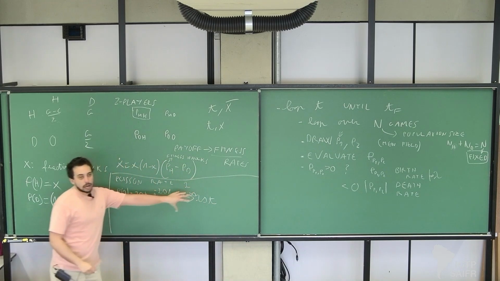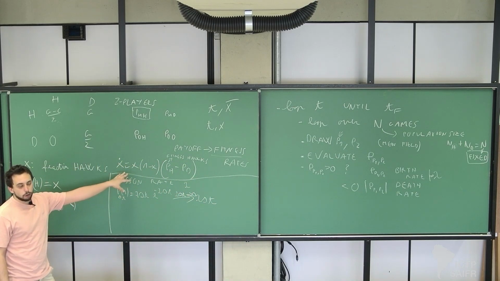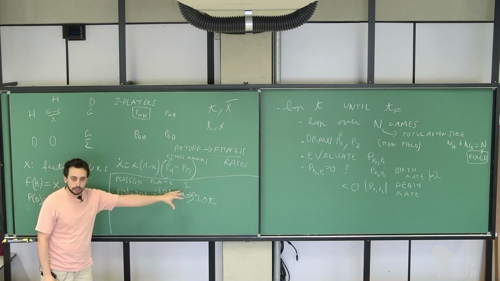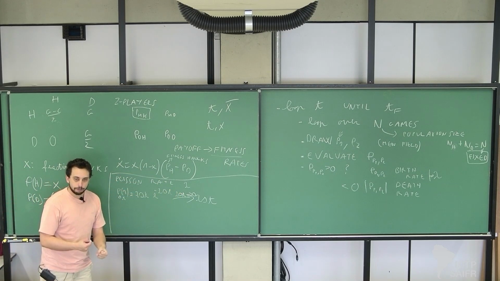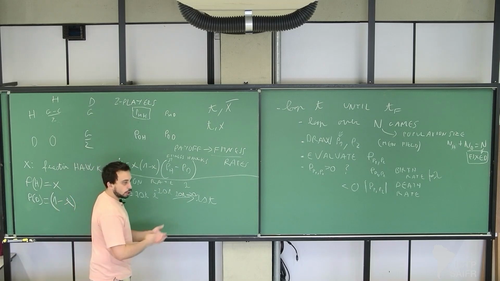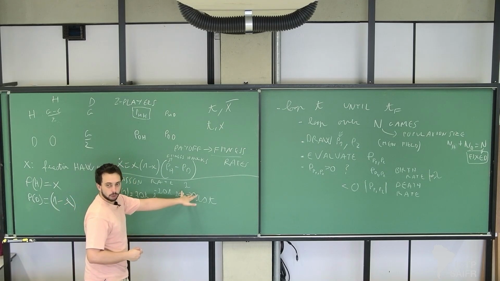So this algorithm is valid only if you choose a fixed delta t, which is small enough. You cannot choose huge delta t's and hope that this will work.